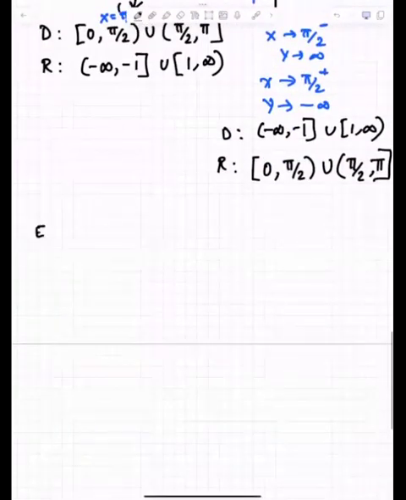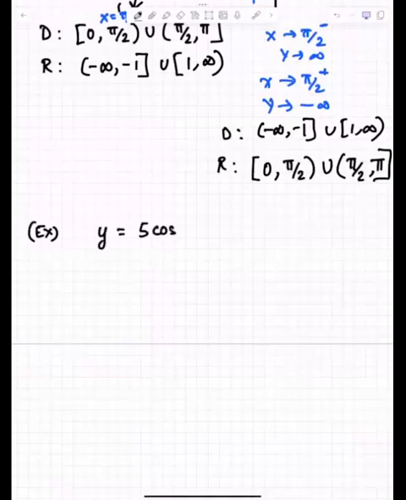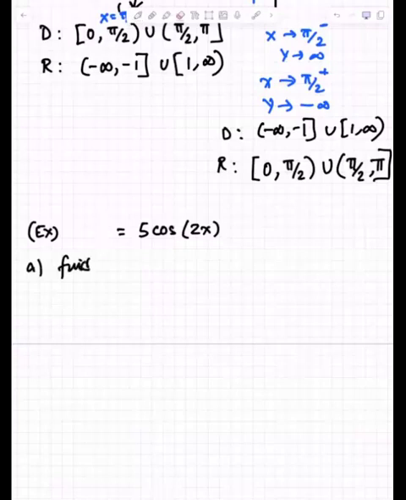Let's do one example. I'm giving you y is equal to 5 cosine of 2x. Let's call this f of x. First part, find f inverse of x, the inverse function.